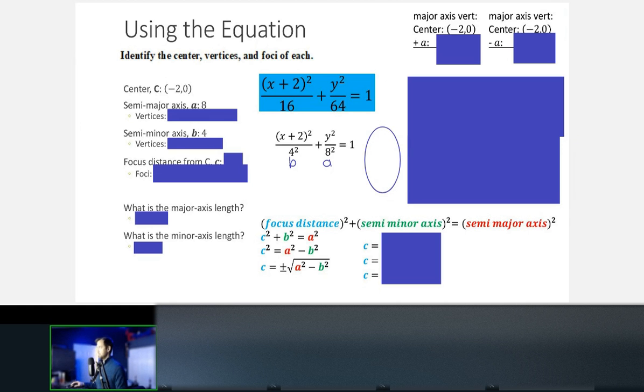So from the center, which we now know is -2 comma 0, we're going to go up and down 8 units in the Y direction. So we're adding and subtracting 8 from that 0. So 0 plus 8 and 0 minus 8. And this gives us these two coordinates right here. So now this is -2 comma 8, and this coordinate down here is -2 comma -8. So those are the two vertices for the major axis.